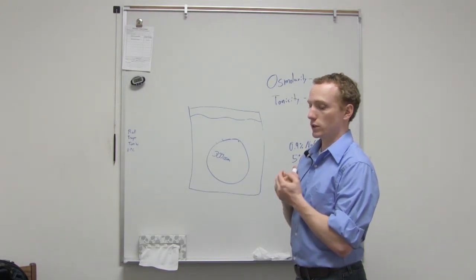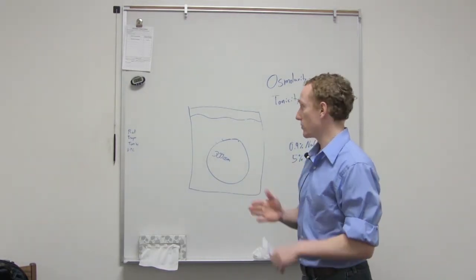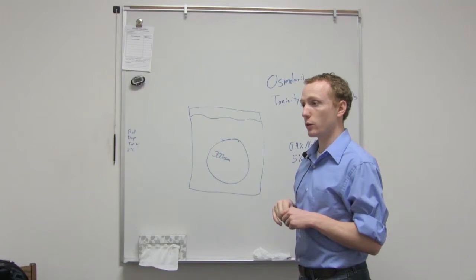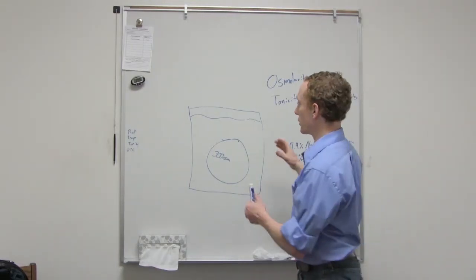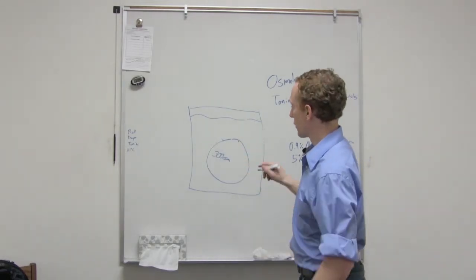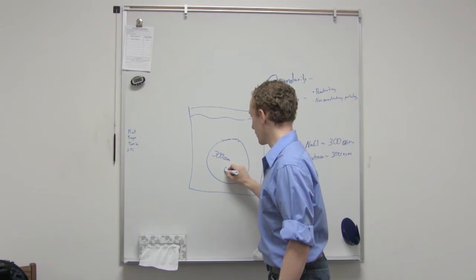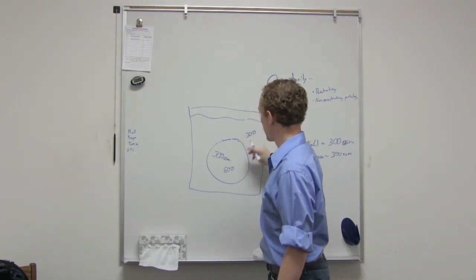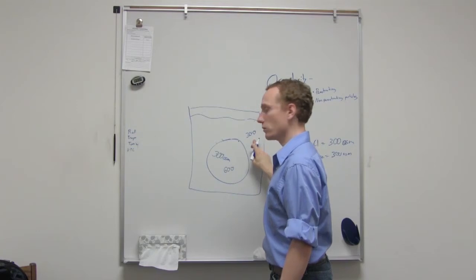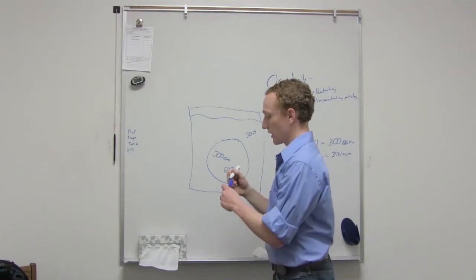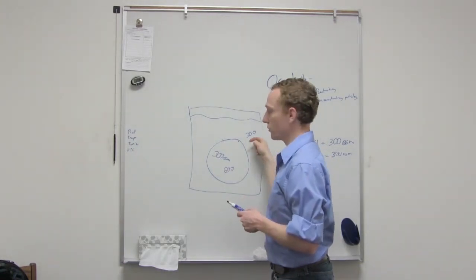You can think of it this way: osmolarity is what it is before the cell is put in water, and tonicity is after it's put in water. So osmolarity, you're comparing cell 300, solution 600. When I put it in, the cell has less, so the water flowed in.